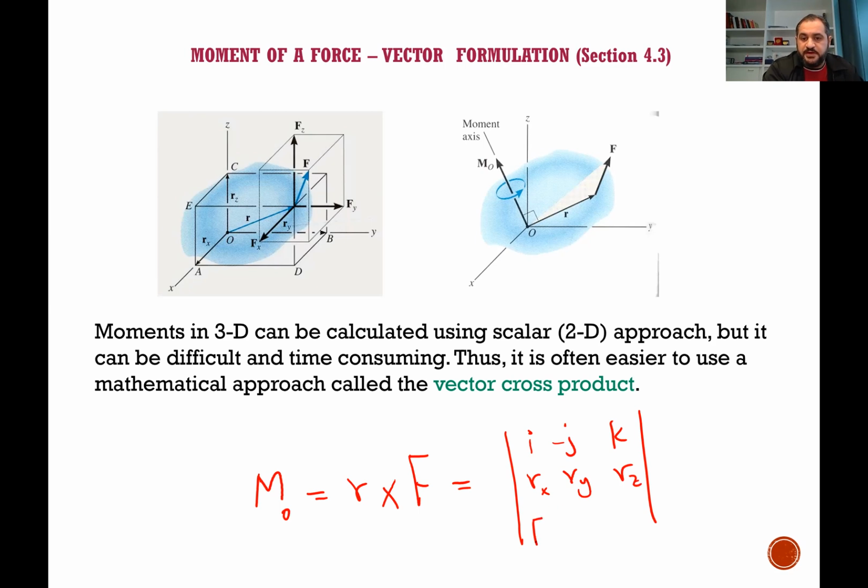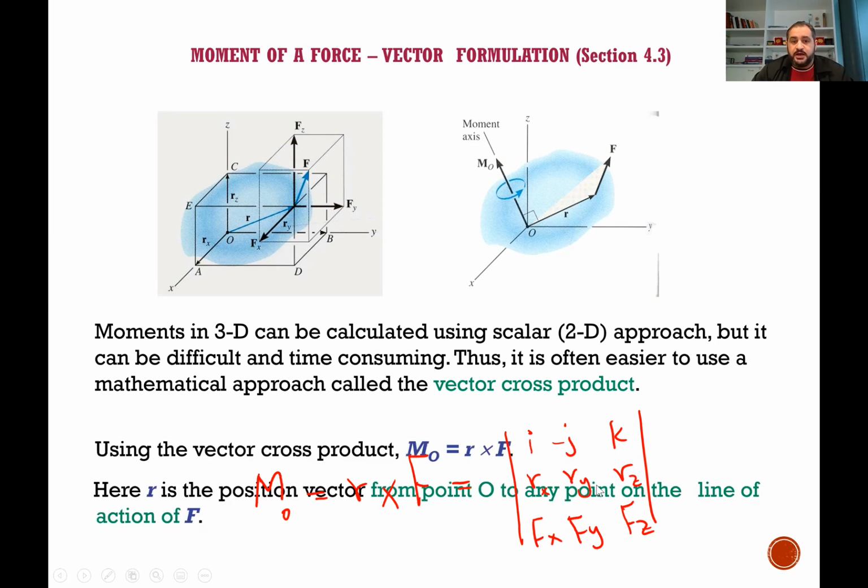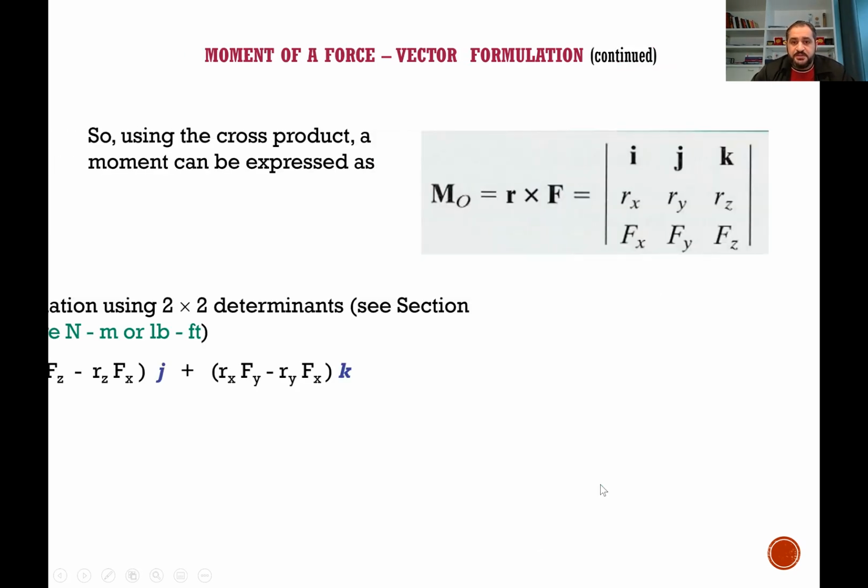Here we will have F: fx, fy, and fz. And then we do the cross product for each element i, j, k, as we learned previously. And we have one example already given there.